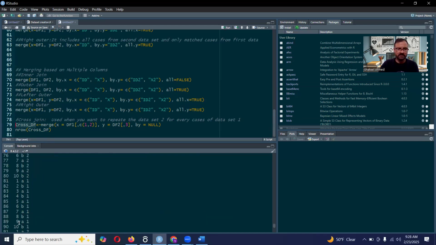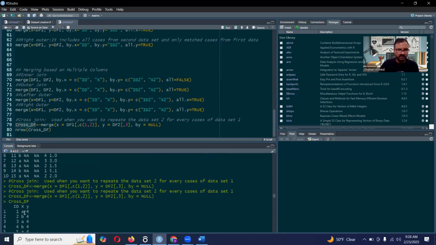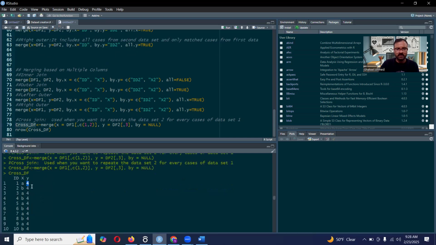You can see, for the first case of x we have the values of y, for the second case of x we have the values of y, for the third case of x we have the first value of y, and so on.